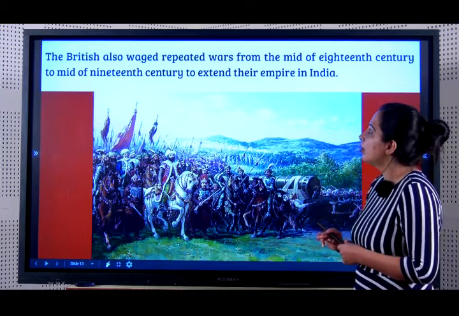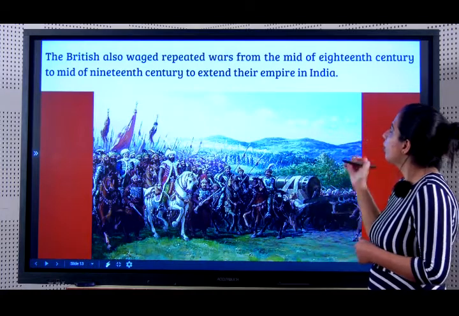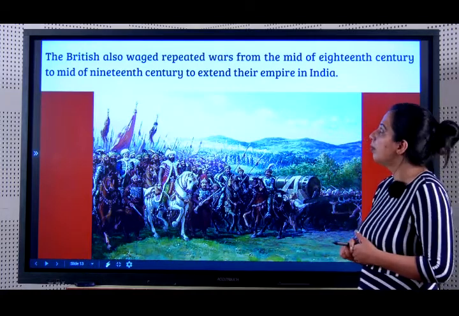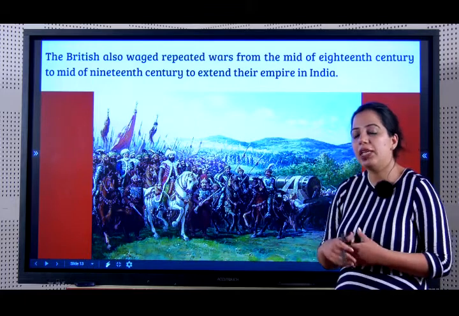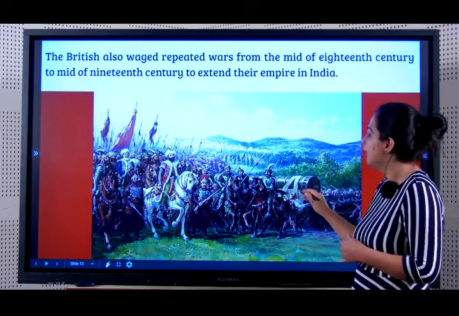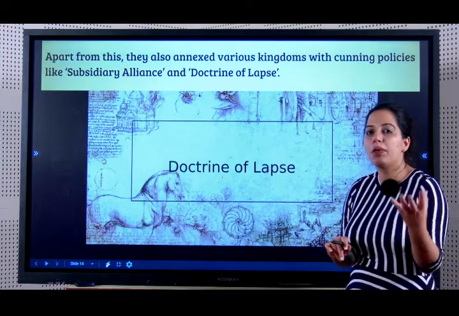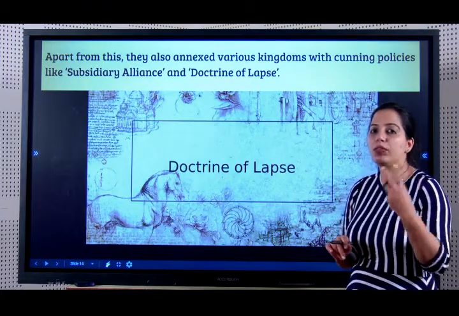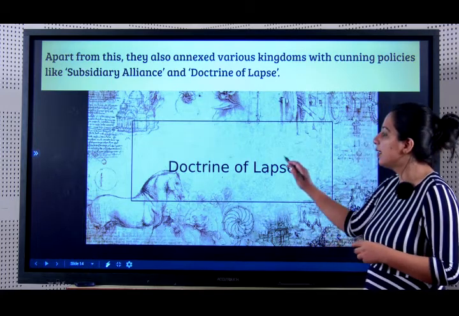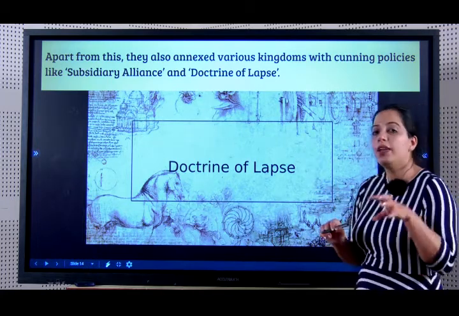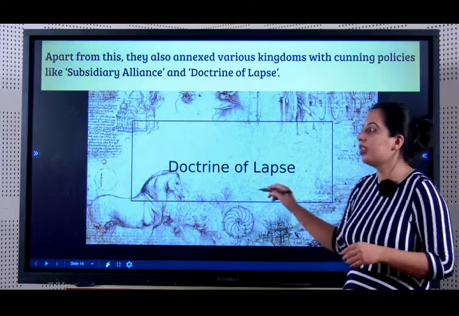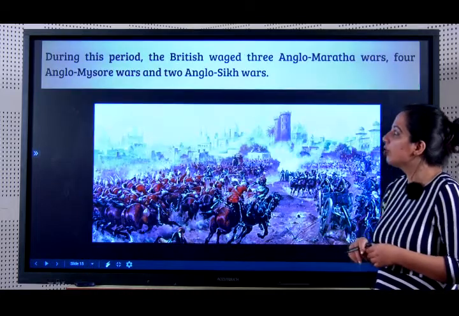The British also waged repeated wars from the middle of the 18th century to the middle of the 19th century to expand their empire in India. Apart from this, they also annexed a lot of parts of India through 2 of their policies, the Doctrine of Lapse and the Subsidiary Alliance. We will discuss in detail what these policies are later in this chapter.